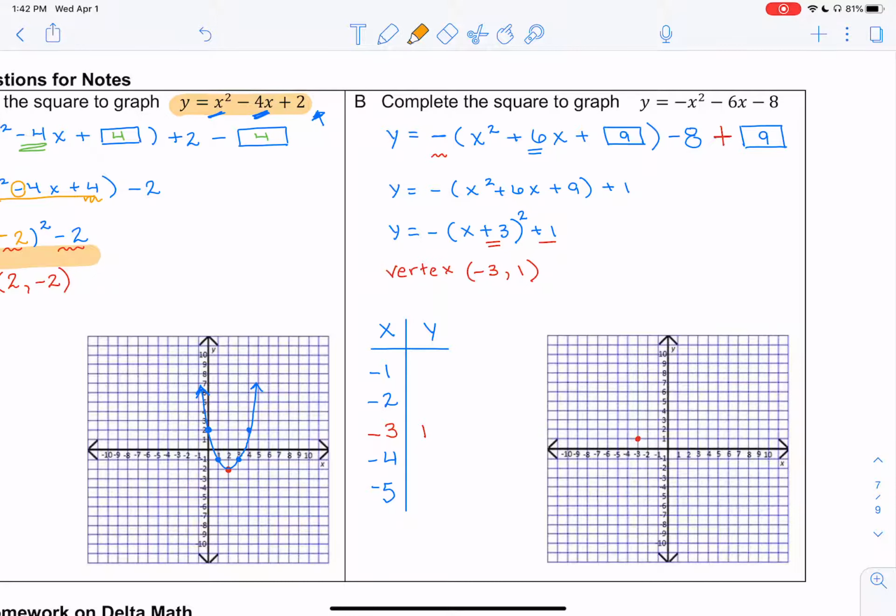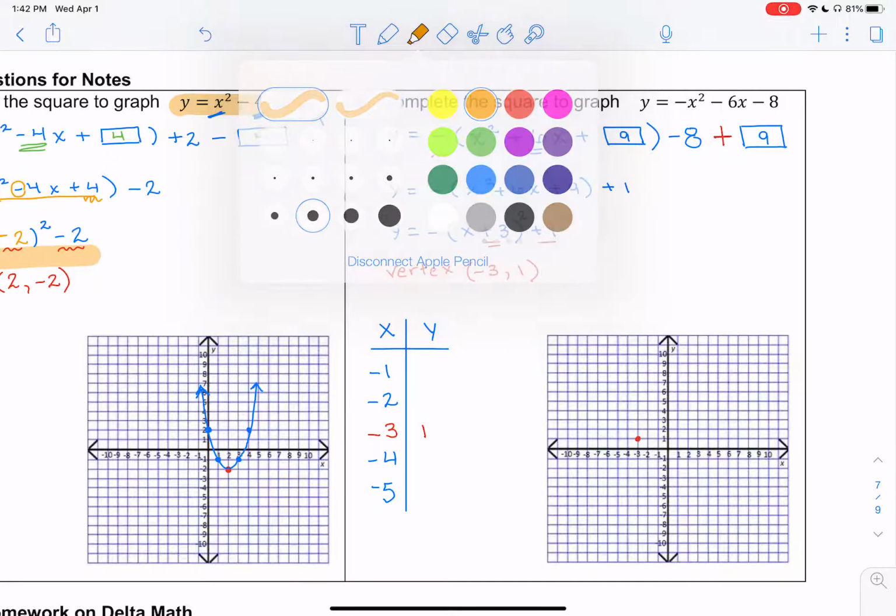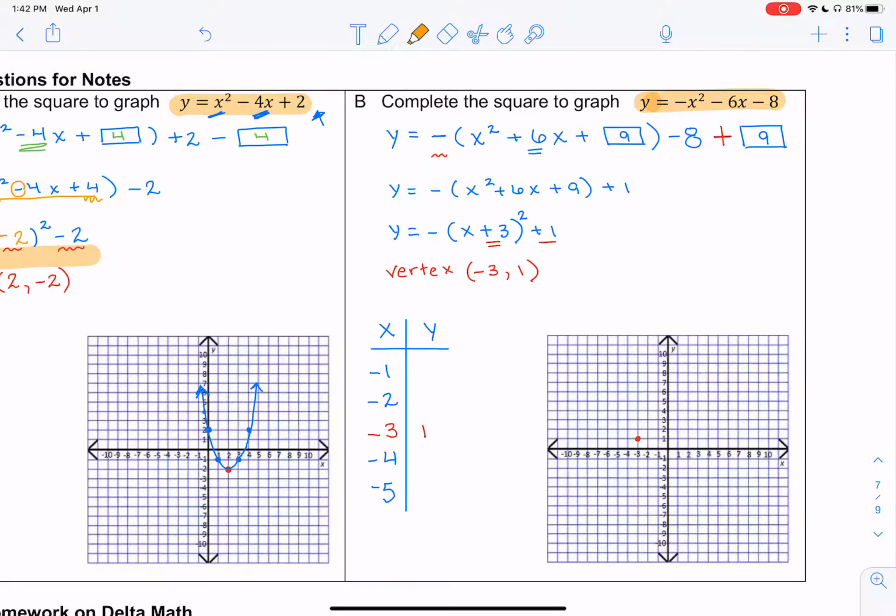And I will probably use this original equation to plug my numbers in, because I tend to find that is easier for me. So if I plug in a -1 here, I get -1 plus 6 minus 8. So that is a -3.